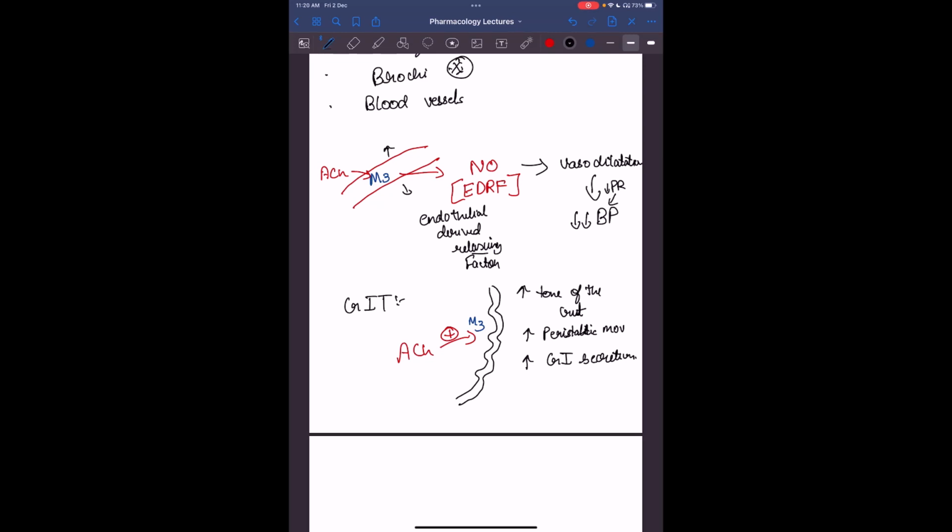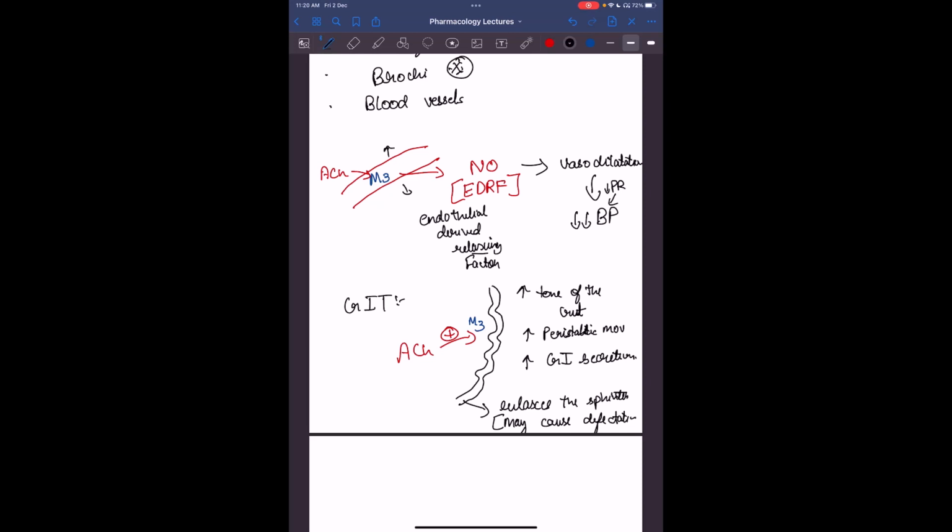So acetylcholine increases the GI secretion, acetylcholine relaxes the sphincter, and it may cause defecation.